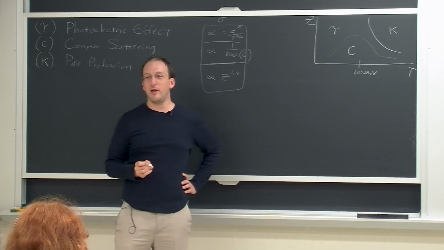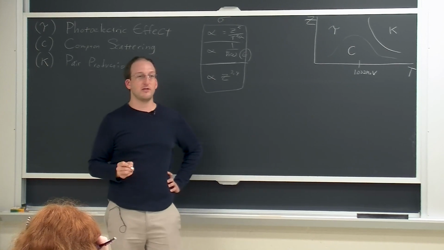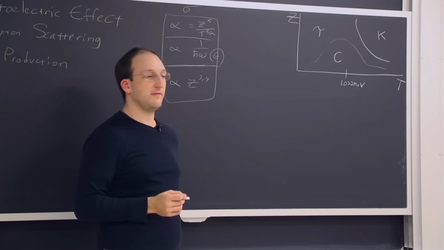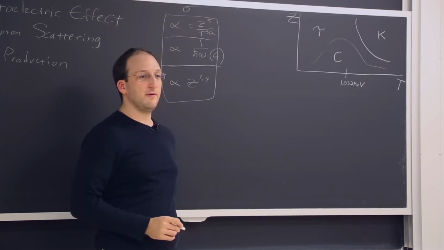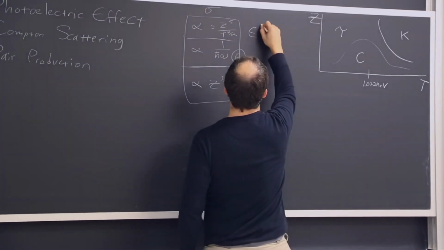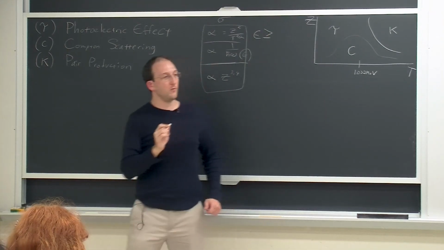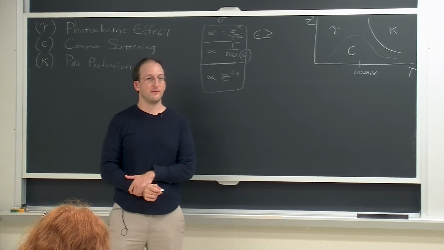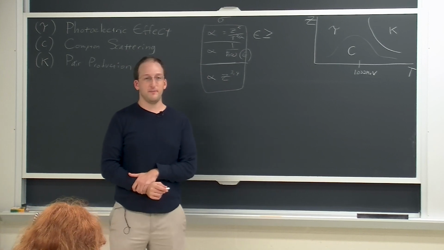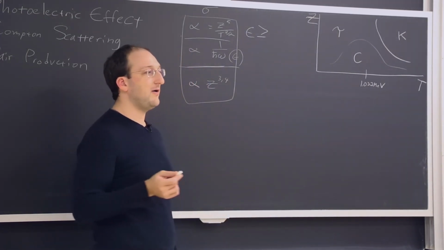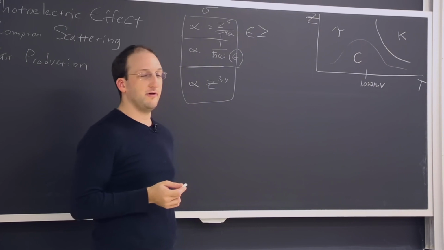And does anyone remember at what energy the photoelectric effect starts to kick in? Very close to 0. So here the energy has got to be greater than or equal to, well, what is the photoelectric effect physically? Absorption. Yep, a gamma gets absorbed, or any photon gets absorbed and knocks out an electron. So how energetic does it have to be to knock out the electron?